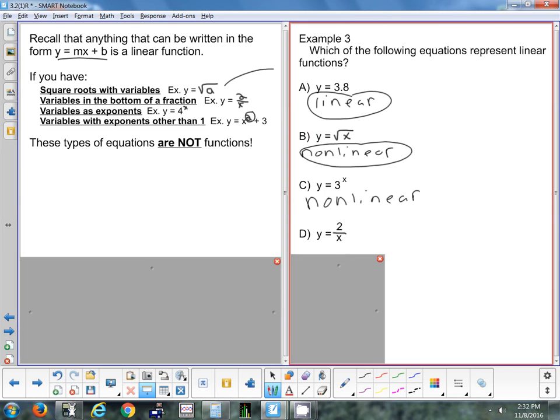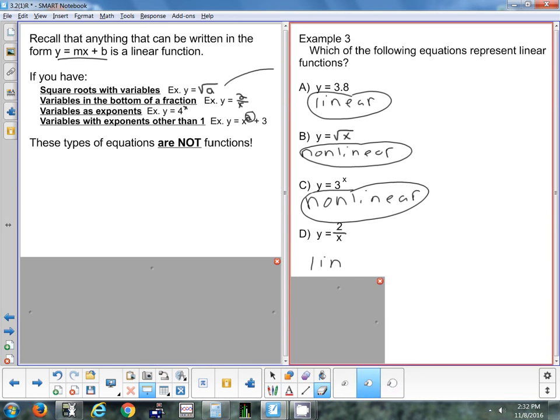All right, how about 2 over x? Why is that one non-linear? Well, fractions are okay, but what about the fraction? Can't have the variable where in the fraction? In the bottom. So that's non-linear.